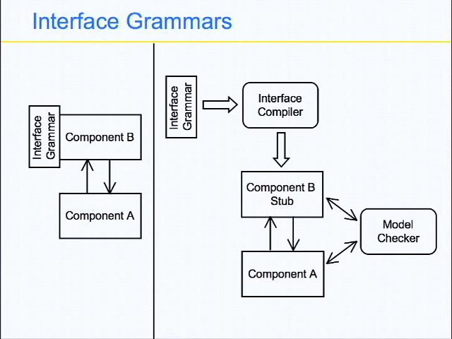Then we'll use the model checker to check this component A with the stub of component B together. So hopefully the state space of this thing is smaller than the state space of the full system with the full component B, right? So that's the motivation.